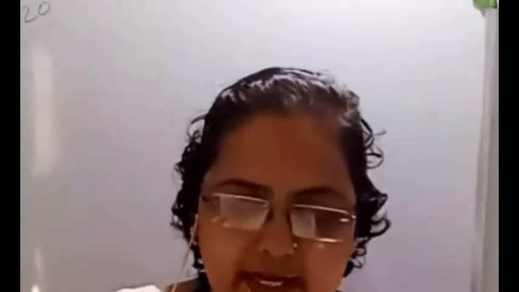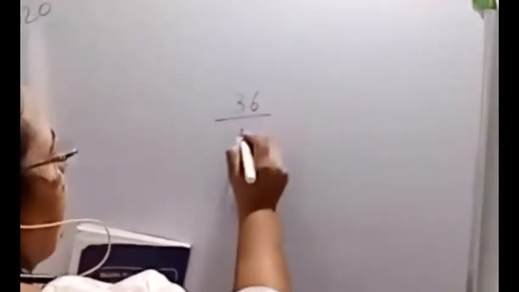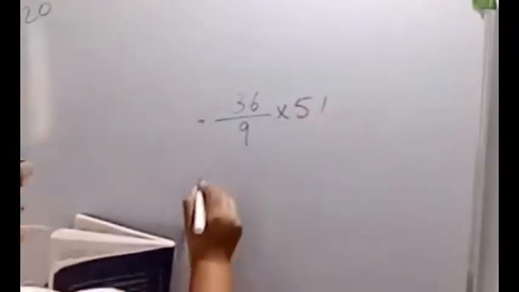Now what will be the last statement? Number of words in 51 lines. Okay, 51 lines. That is equal to 36 by 9 into 51, which is 204. So that statement will come as 36 by 9 into 51.